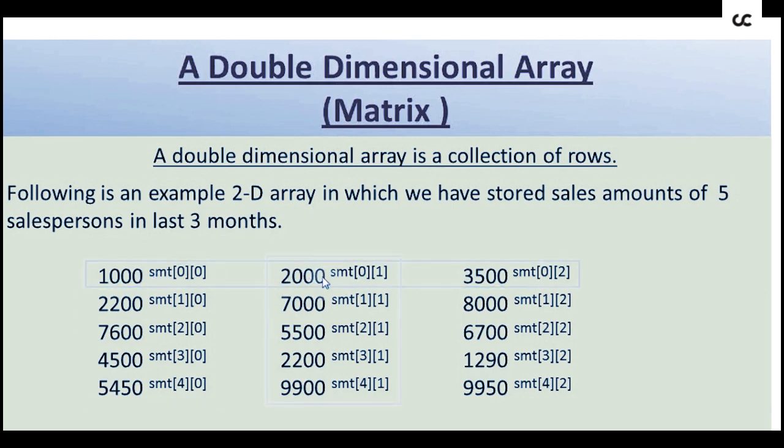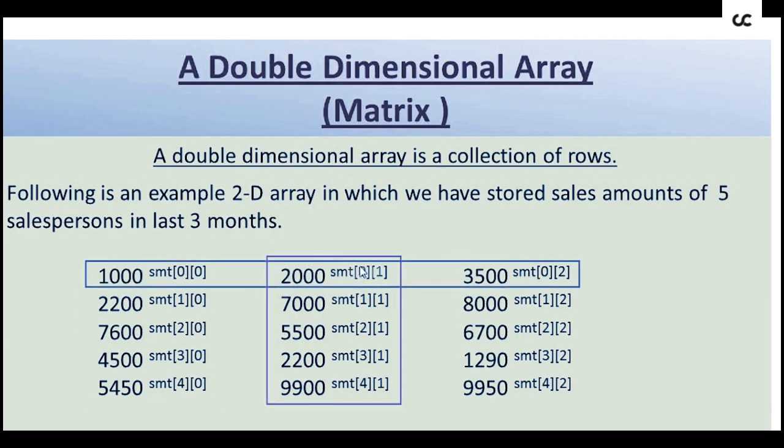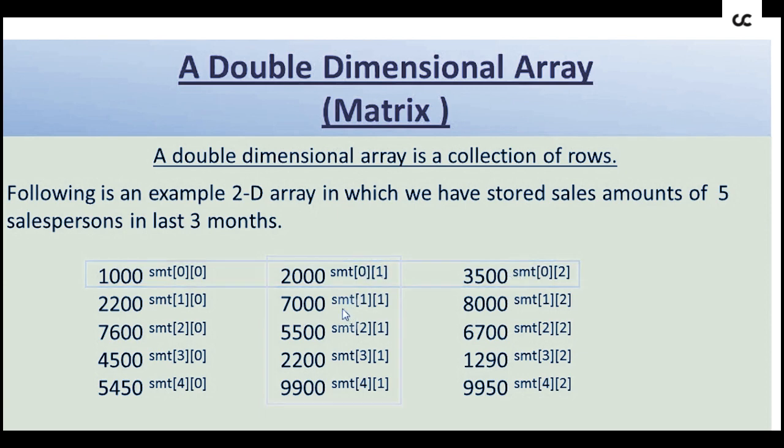Now what is 2000? 2000 is the SMT01 element. SMT01 means 2000 is the value of the element which is at the first row. Here 0 means first row because subscripts start from 0, and 1 means second column. So first the row is represented, then the column. This is how we can represent the elements of a 2D array.